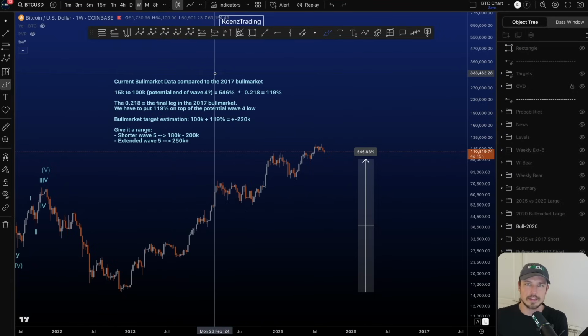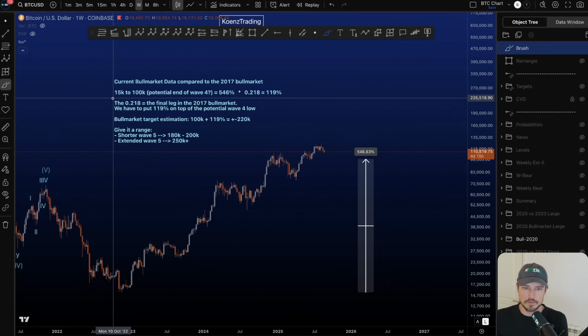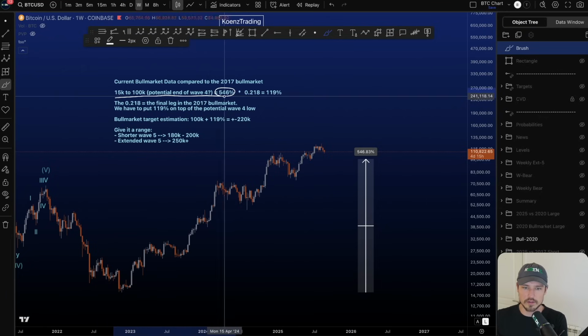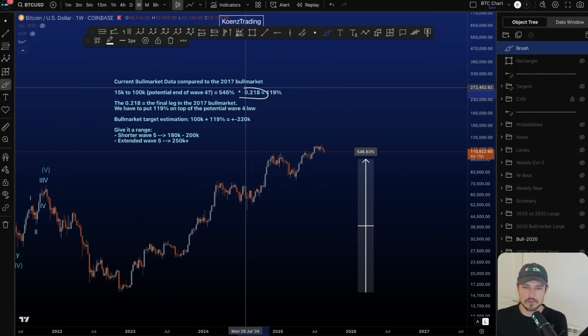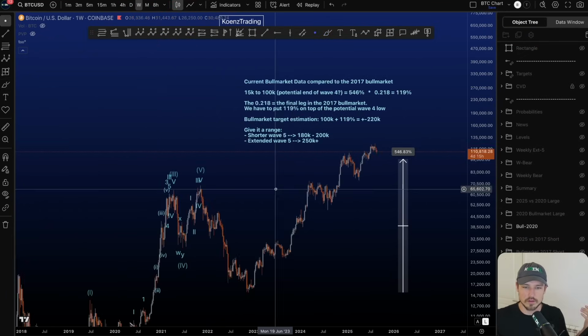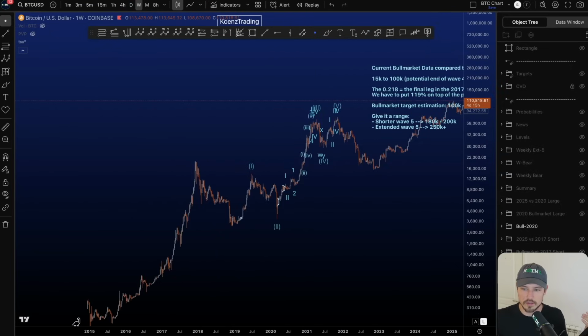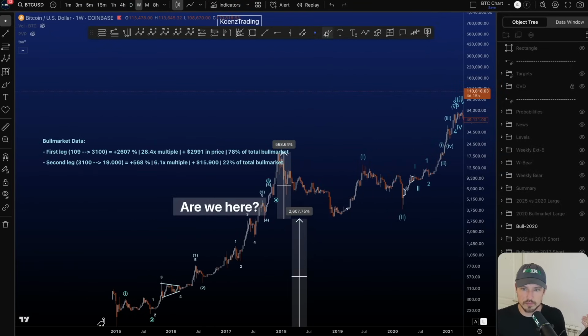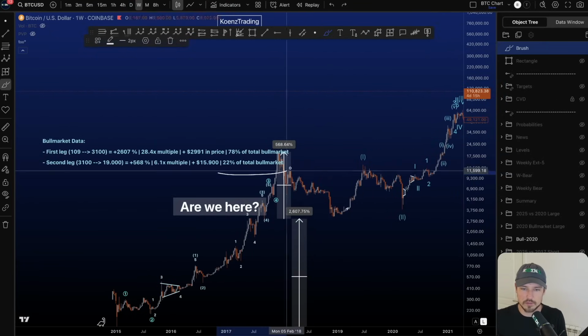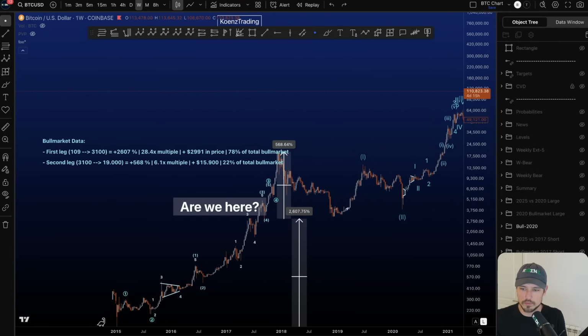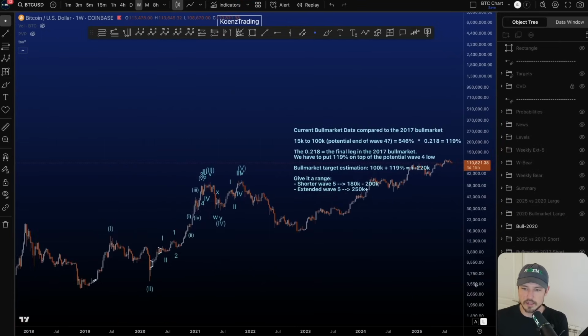So we compare that data from 2017 with what we have in front of us. 15K to 100K is 546%, times 22%, which is the final leg to the upside that I just covered of the previous bull market. So this move to the upside here was 22% of the total bull market. So we use that in our calculation.